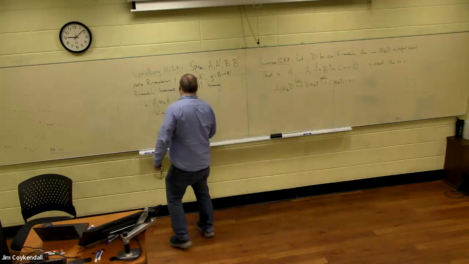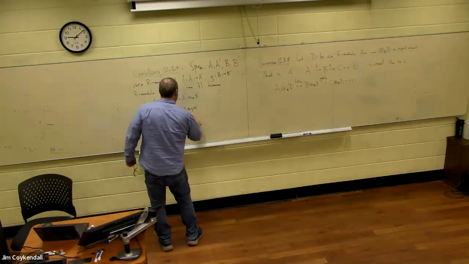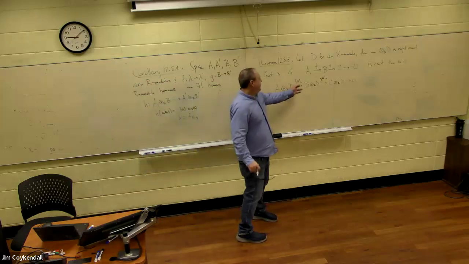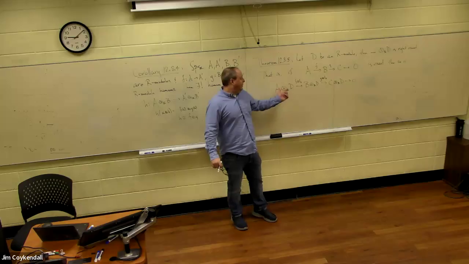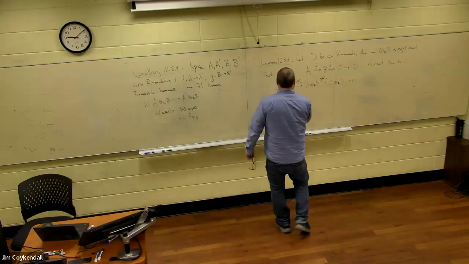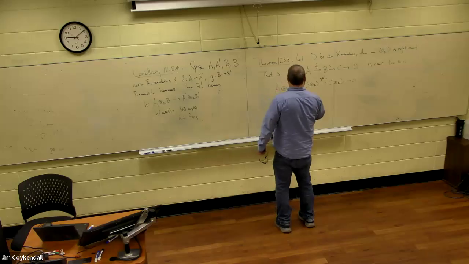And I forgot to write this here. When I say f tensor the identity on D, what that does is, if I give you the tensor a ⊗ d, this goes to f(a) ⊗ d.